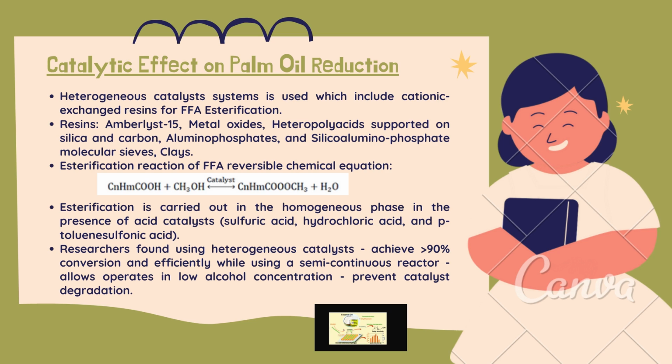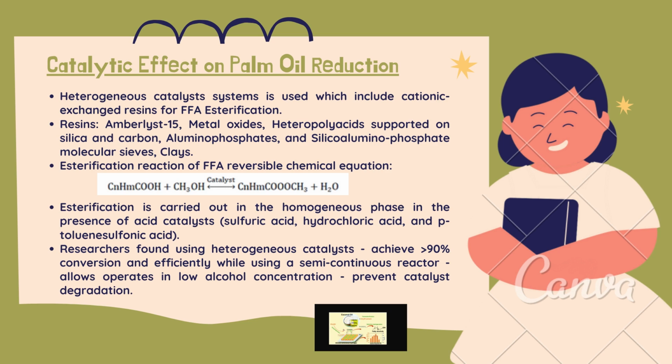The specific amount of catalyst is required for the slow esterification reaction. The reaction will occur by taking different catalyst weight percentages, which are 0.5, 0.8, 1.0, 1.5, 2.0, and 2.5 weight percent of catalyst.